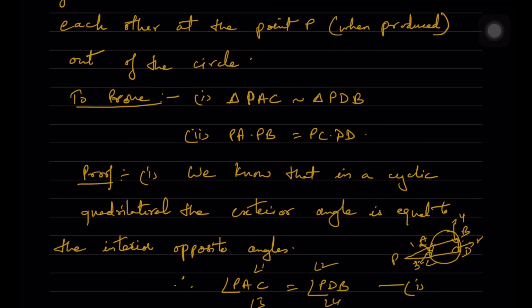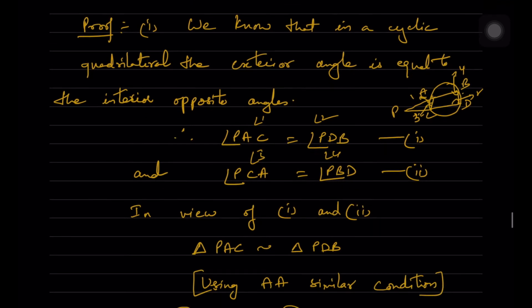Okay, so now here we know that in a cyclic quadrilateral, the exterior angle is equal to the interior opposite angle. Therefore angle PAC is equal to angle PDB, and also we have that PCA is equal to PBD. So angle PAC, that is angle 1, is equal to angle 2.